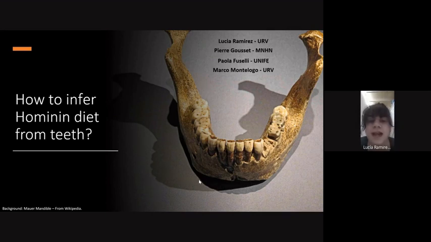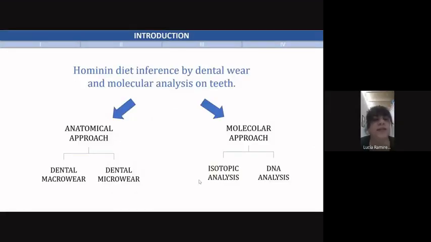Next slide. As we can see in this slide, we have 2 ways of study. First, we have the anatomical approach, which finds micro wear and macro wear. This approach allows us to do an analysis of both ways of study and know about the ingest of nutrients and the mastication stress.